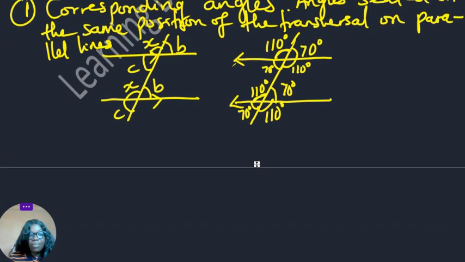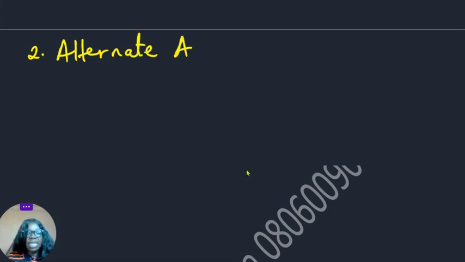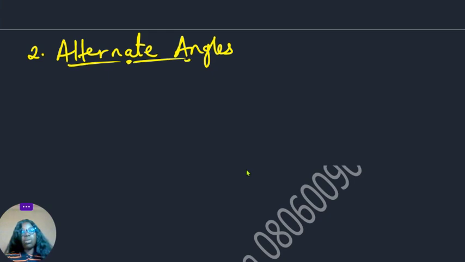Now let's move on to the second type of angles. It is called alternate angles. Alternate angles. So what do we call alternate angles? Alternate angles are two angles formed on opposite sides of the transversal within two parallel lines.